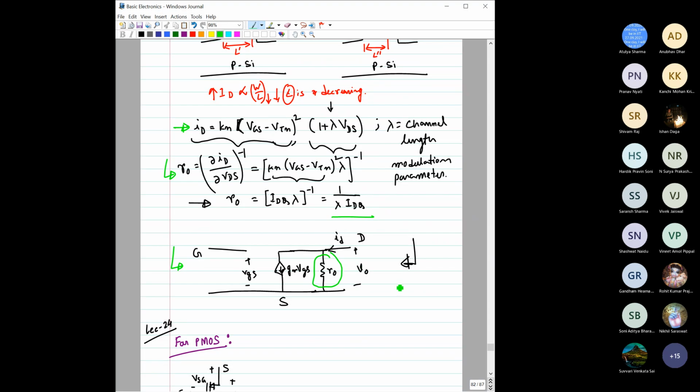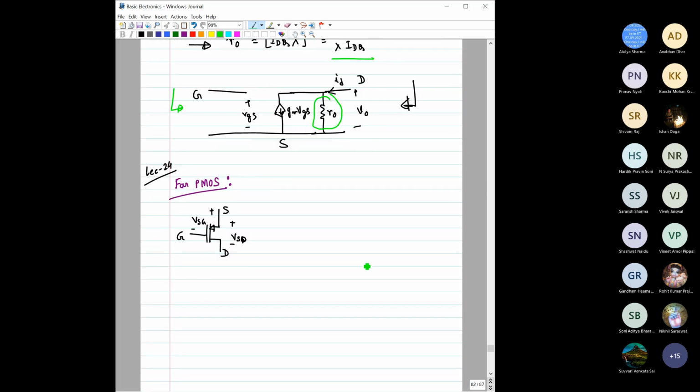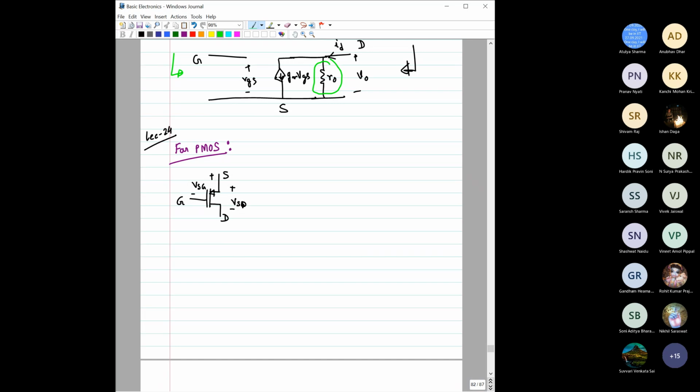So that's all for the N-channel MOSFET. However, what will be the small signal equivalent circuit for a P-channel MOSFET? The circuit symbol is like this: source, gate, drain. Compared to NMOS, we have some difference in the nomenclature.